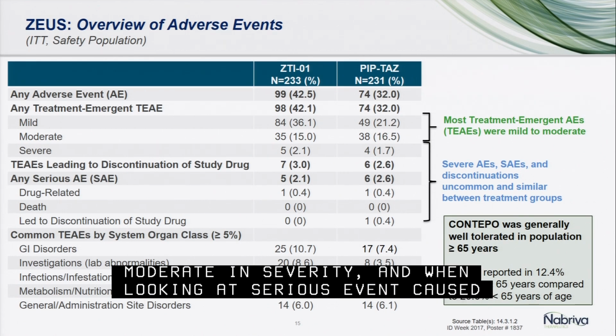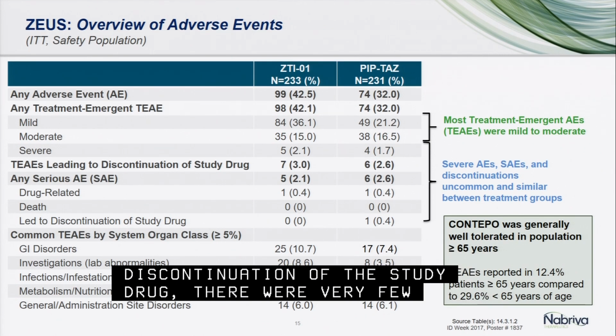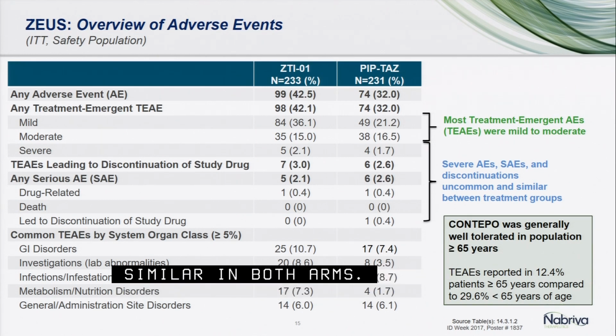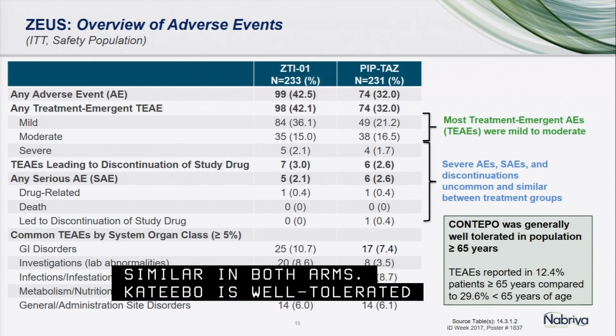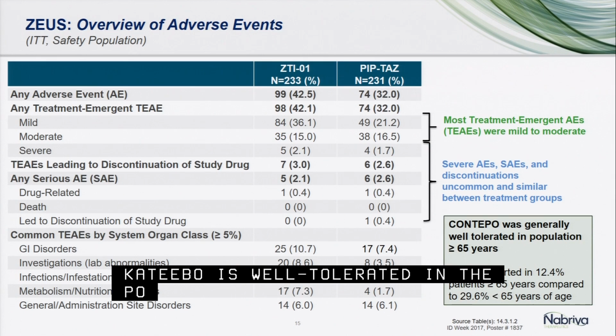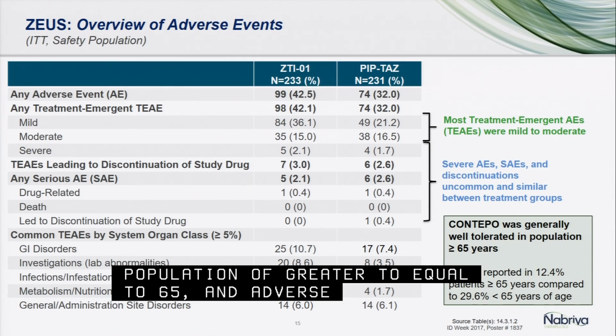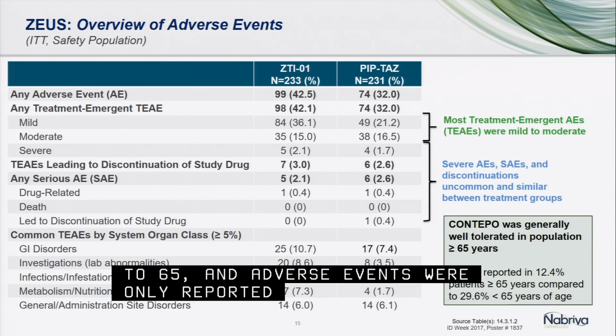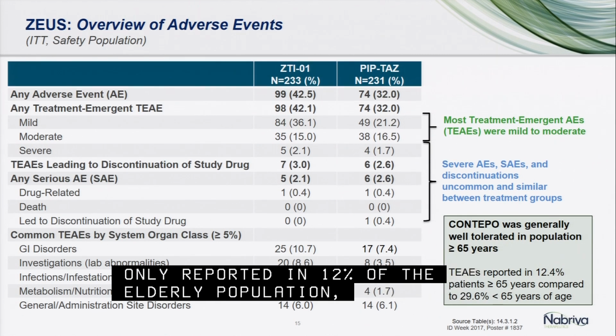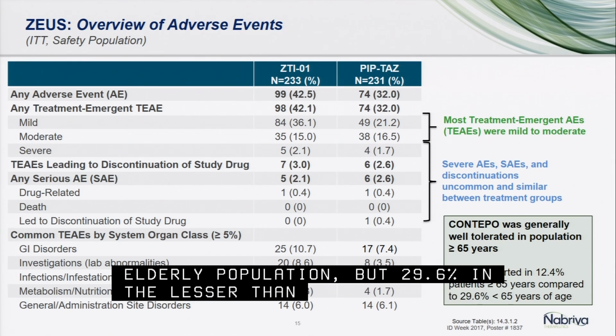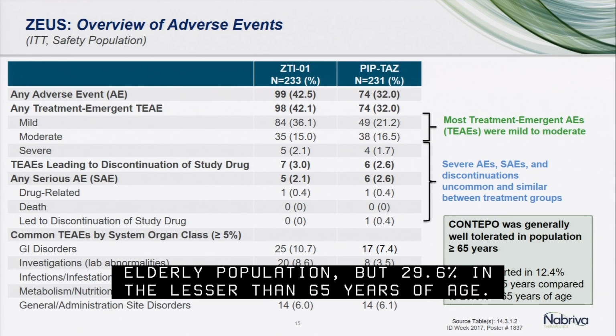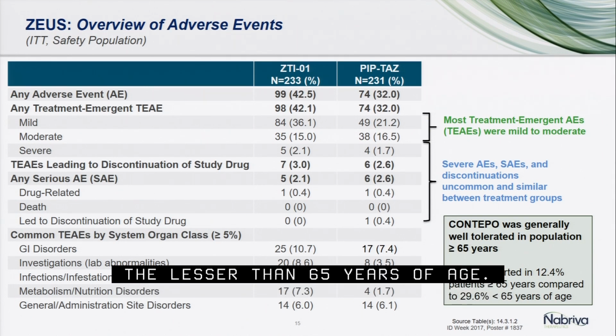Contipo is generally well tolerated in the Medicare-eligible population of greater than or equal to 65. And interestingly, treatment-emergent adverse events were reported in only 12.4% of the elderly population, but 29.6% in the less than 65 years of age population. Why this is interesting is the 29% in the younger population is what you would expect. But usually, in registrational trials, you see higher adverse events in the elderly, and we did not.